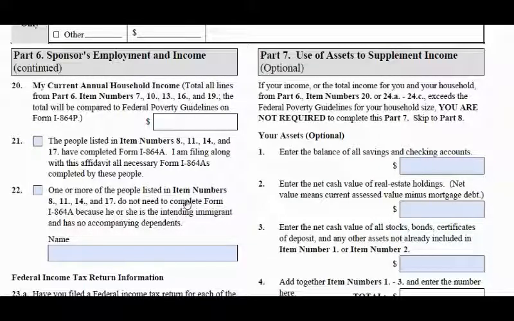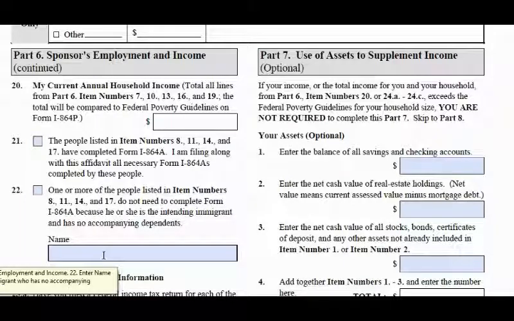Basically, the intended immigrant, the person you're trying to sponsor, can provide his or her income also. If that is the case, and you use his or her income, then you're gonna check this box over here and put the name of that person over here.